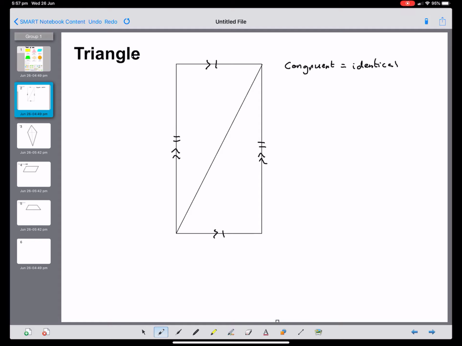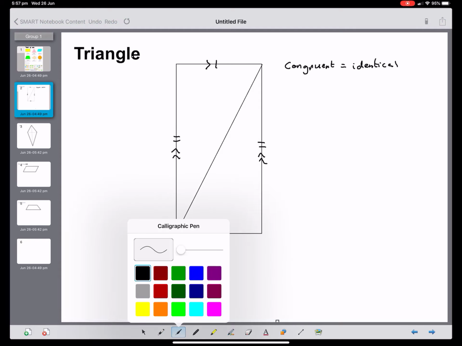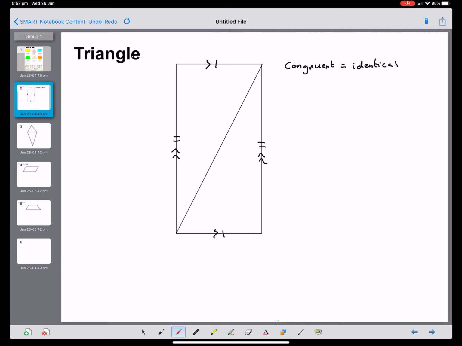Okay, so we should know that the area of a rectangle is the width multiplied by the length.